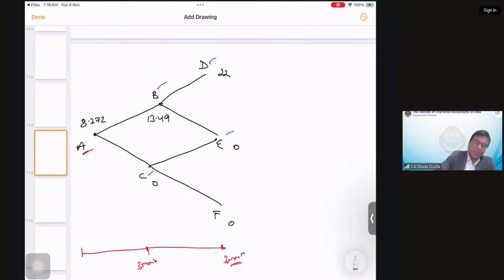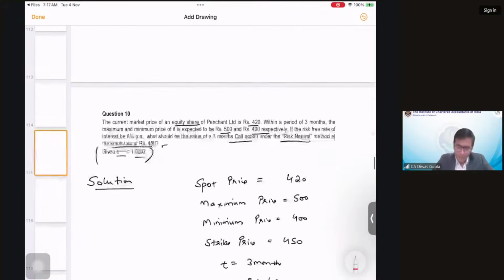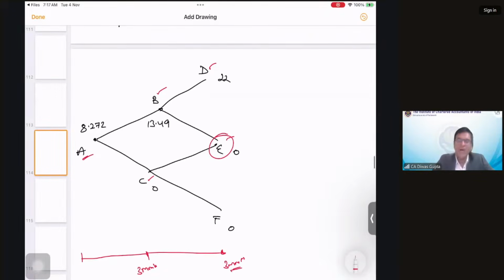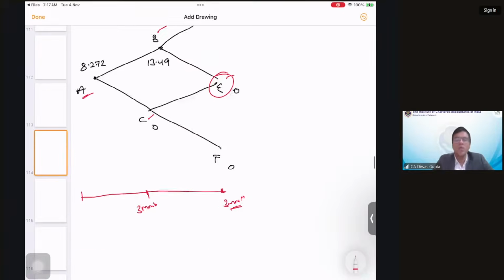However, it's a different case that both B and C are coinciding to one possibility as a similar possibility. That's the coincidence. Okay. Clear? So this is how the binomial tree is made. Now it can extend up to 1 year also. Let's say 3 months, 3 months, 3 months, and 3 months. 4 times interval it can be there. So it will depend on the way the question is drafted or the way the situation has been given to us.